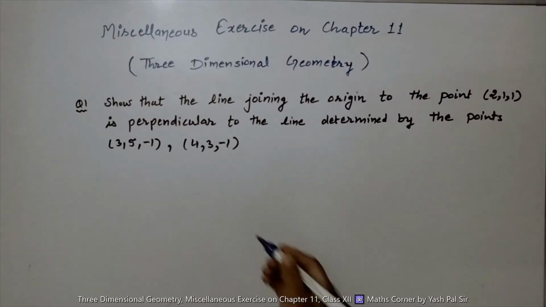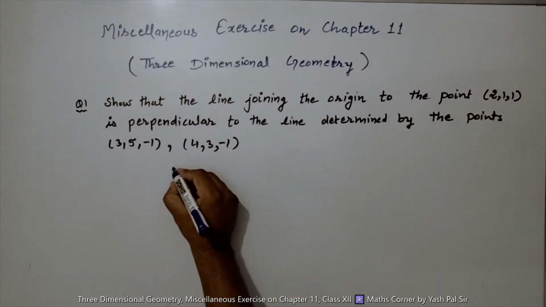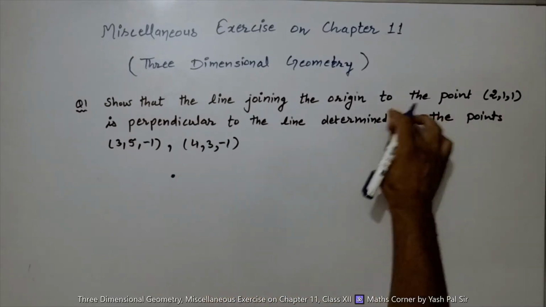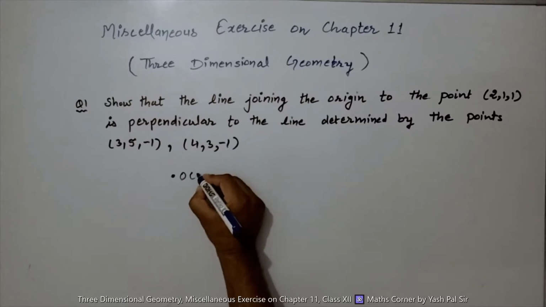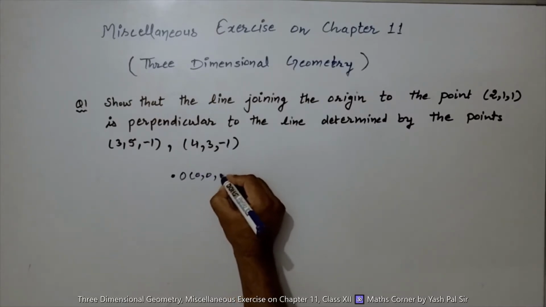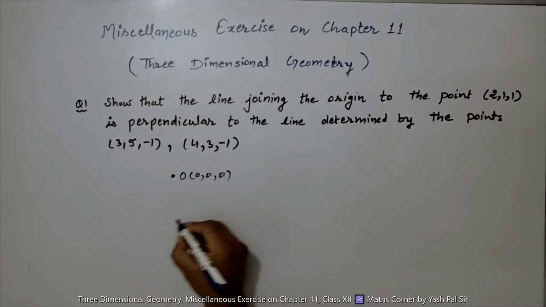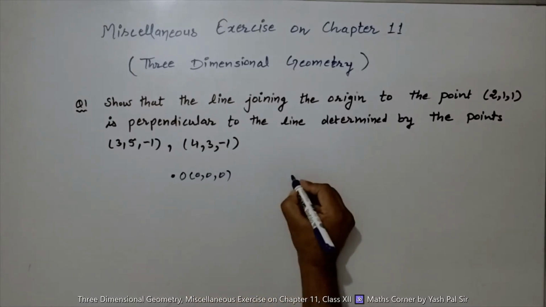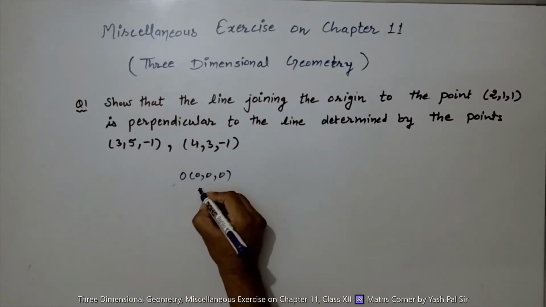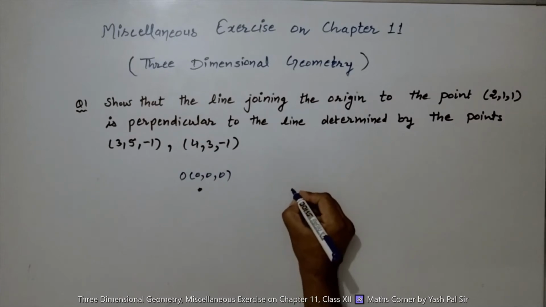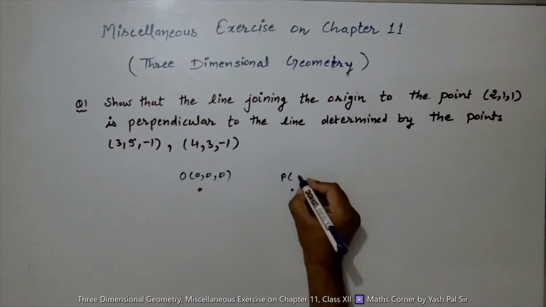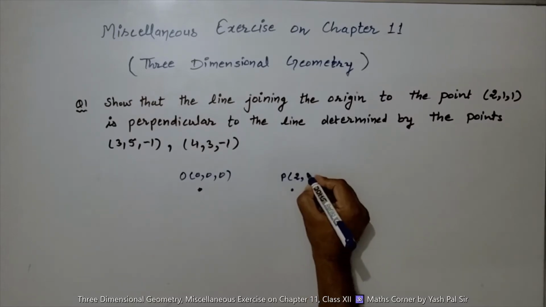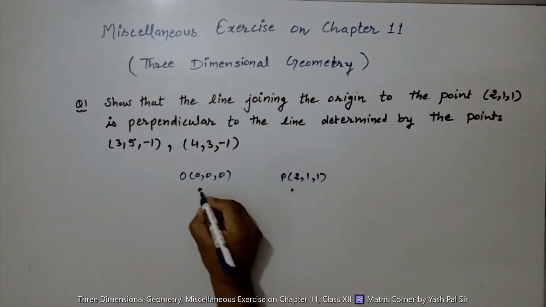So here, what is this? There are two lines. One line is joining the origin to the point. Suppose O is the origin having the coordinates 0, 0, 0, and the second point P has the coordinates 2, 1, 1.